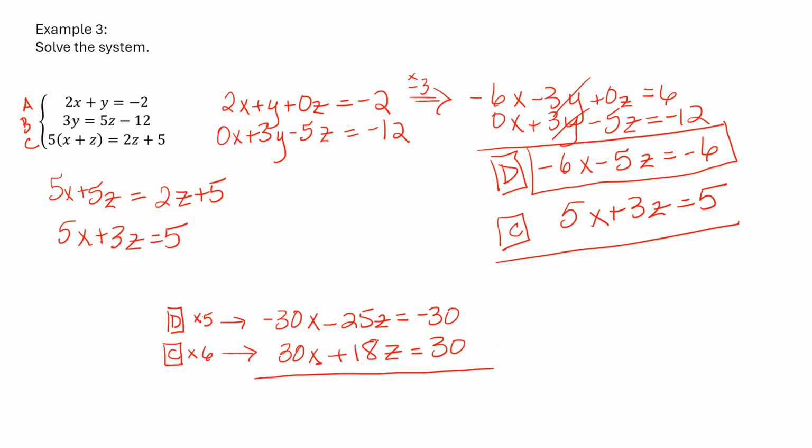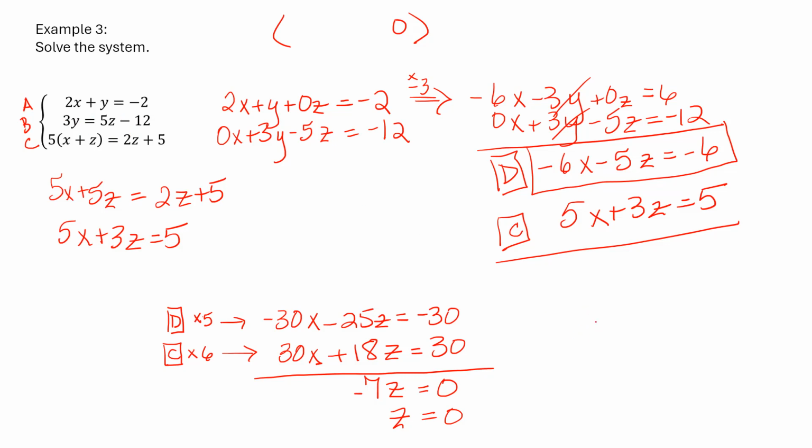So if I add these together, I'm going to get negative 7z equals 0, which means that z is 0. So up here, where I'm going to put my solution, I will put 0 in the place where z goes. Now I'm going to take that 0 and plug it back into any one of the equations. I might as well go back to one of the original equations and plug it into something a little easier than what I have now.